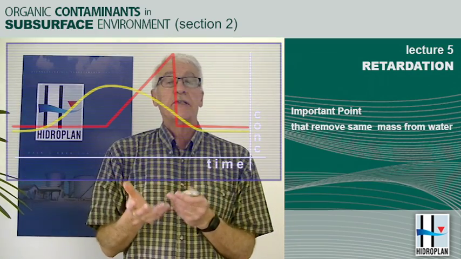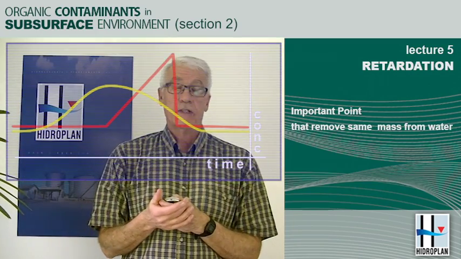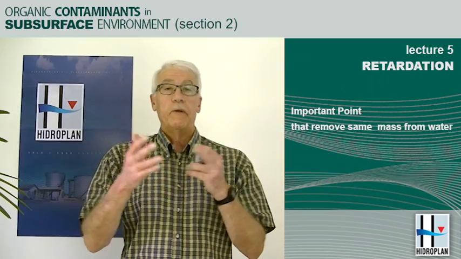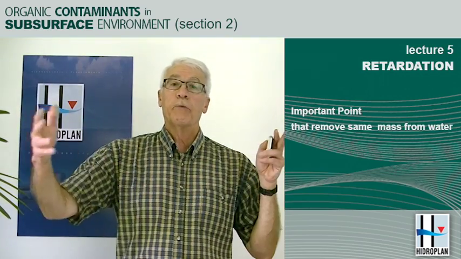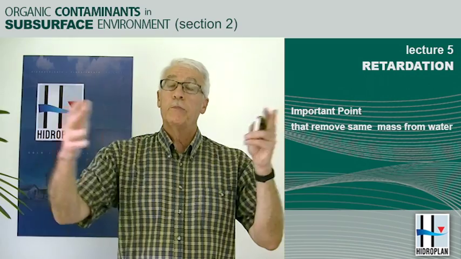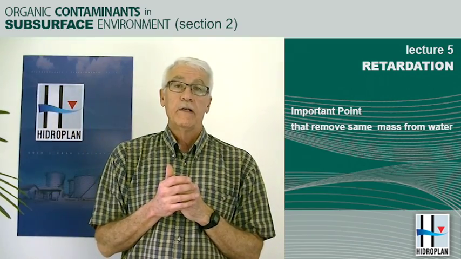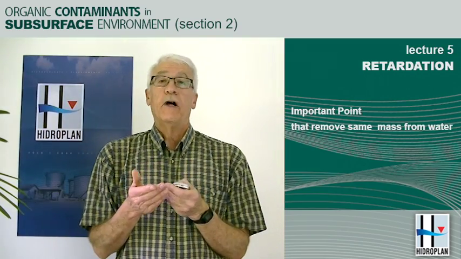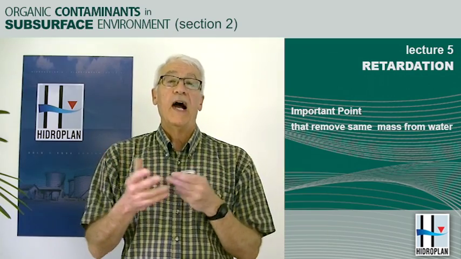So it doesn't actually remove any mass from the system. It actually distributes the mass over a longer period of time over a broader section of the aquifer. So that can be useful, but again, it's not mass removal.